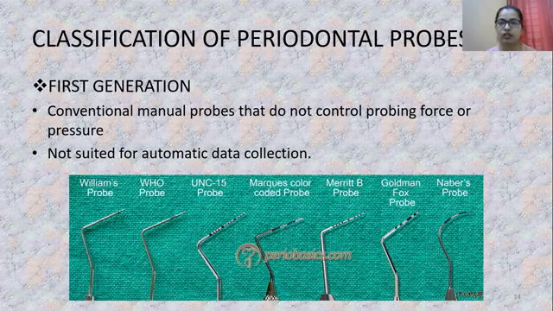There is no control on the probing force, because manual dexterity varies from person to person, and it is not suited for automatic data collection, but it is the most widely used. Until now, we mostly prefer using this type of probe.